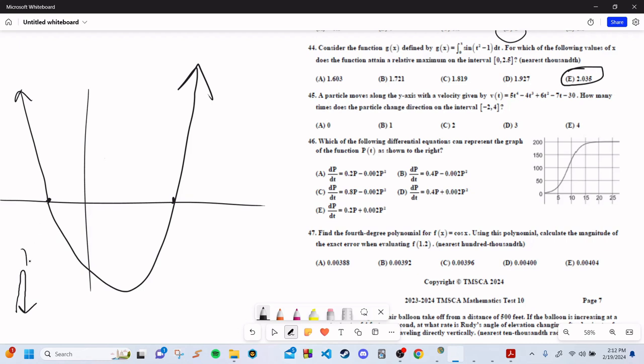So that's one change in direction. And then here, it's going negative, and the velocity starts turning positive. So that's a second change in direction right there. And so there are 2 times that the particle changes direction on that interval. So 2 is our answer.